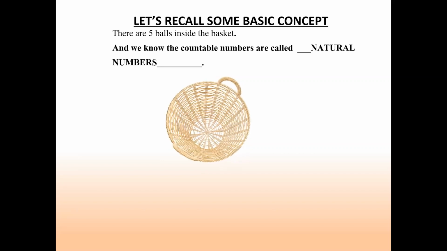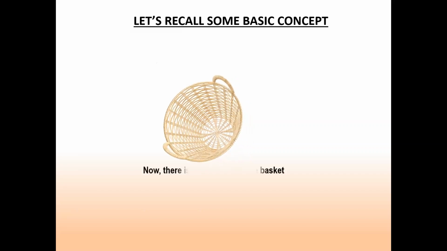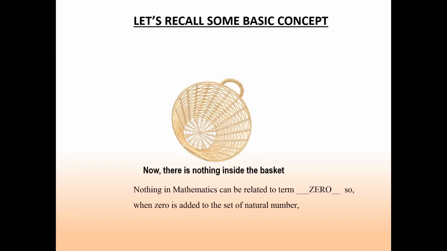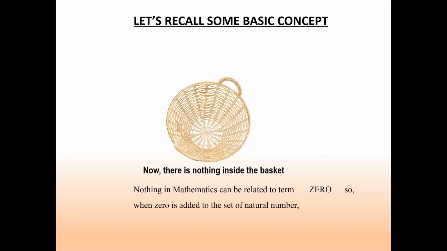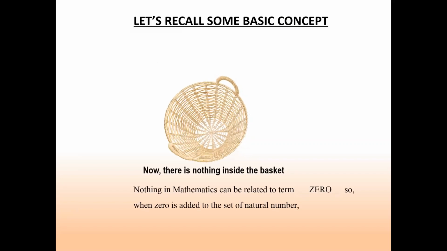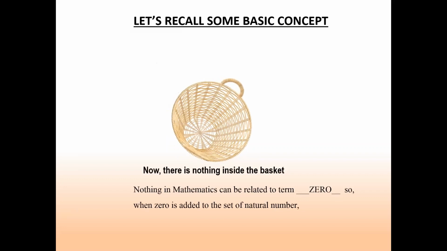Now this nothing left in the basket also has a meaning in maths. When there is nothing, we can represent it with 0 in mathematics. And the invention of 0 made the set of natural numbers go beyond and it was termed the whole number set.